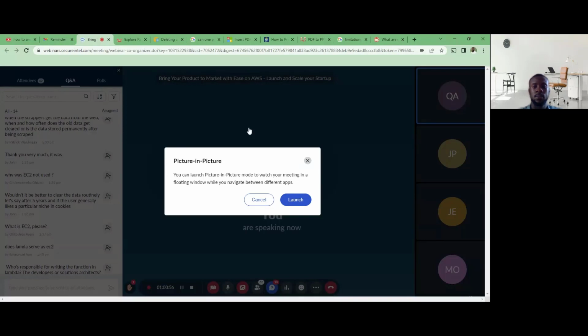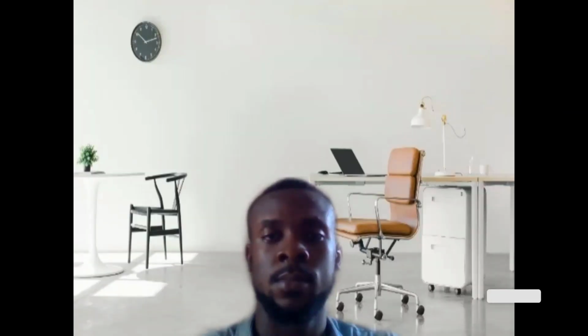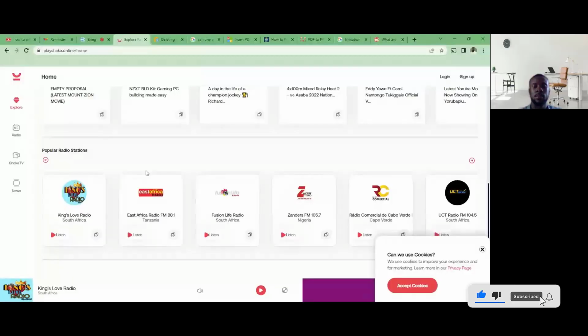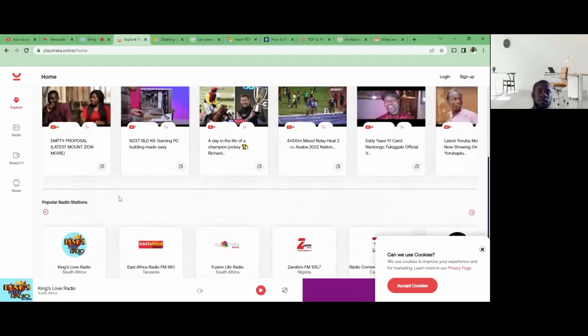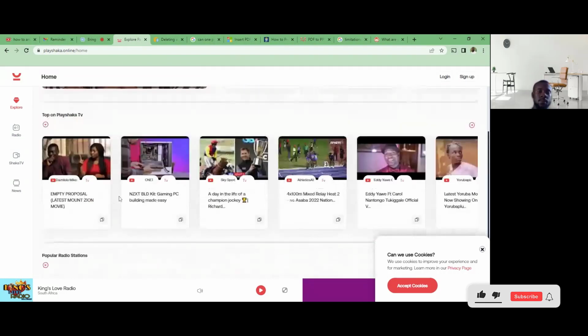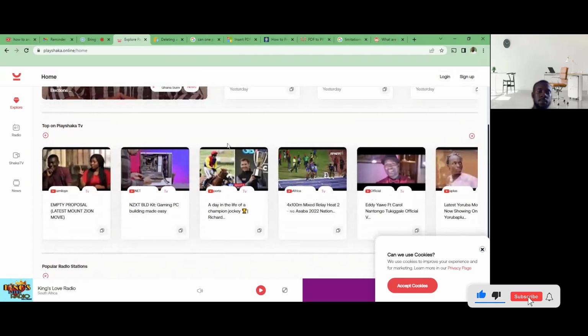These are the radio stations, popular radio stations. Can you guys hear me? Hello, can you guys hear me? Yeah, sure. Okay. So these are the popular radio stations. These are top on Playshaka, and this is the trending. So the table you saw earlier, you had cookies. You can see these cookies here.